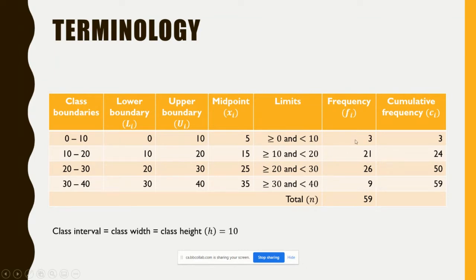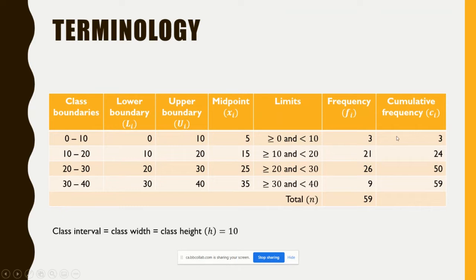And then let us see the frequency. Now, what does the frequency mean? How many times the population is in this range. So what is the population which falls in this range? For example, there are 3 people or 3 data elements in this range. So this gives us the frequency.